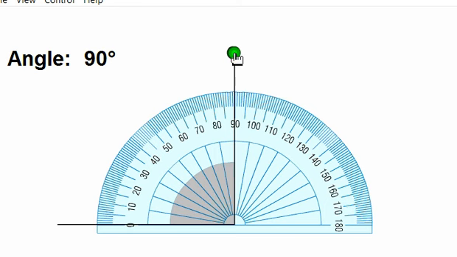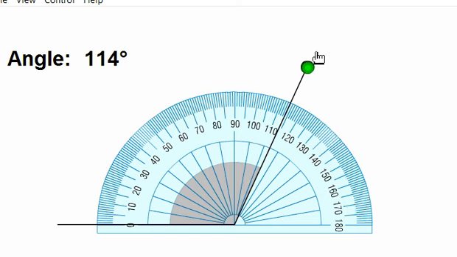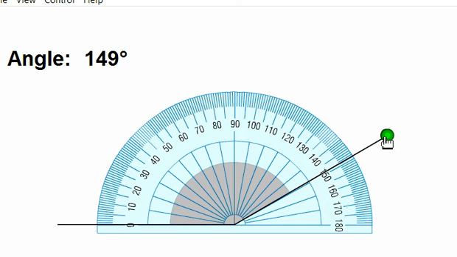And now, if we go further and above 90 degrees, 100, 105 or 110, as you see with the protractor we measure angles, and up to 179 degrees, this is called an obtuse angle.